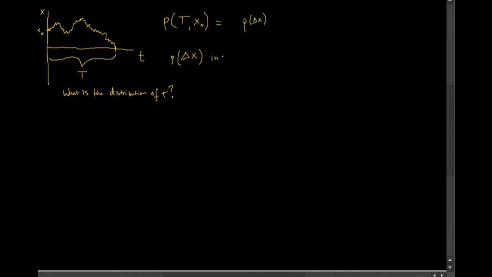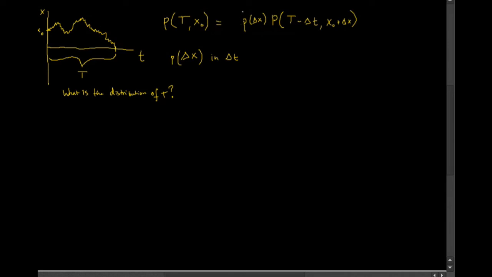So it's taken some delta x in some amount of time delta t. Now, in order to get the same capital T as our first passage time, after this initial delta x we would need a first passage time of T minus delta t, but now starting from x naught plus delta x.